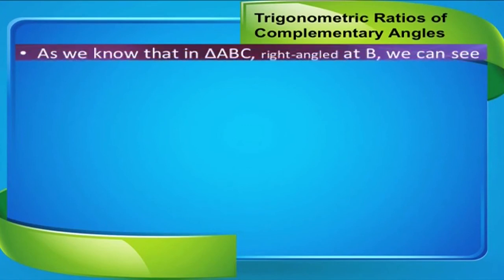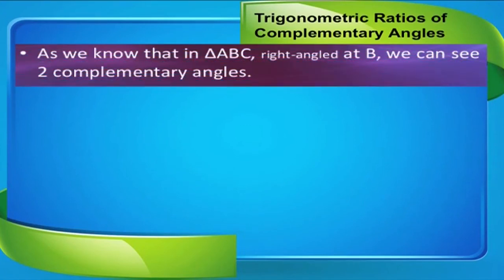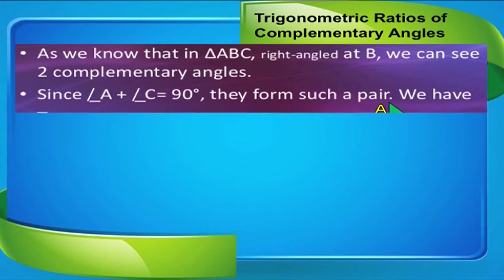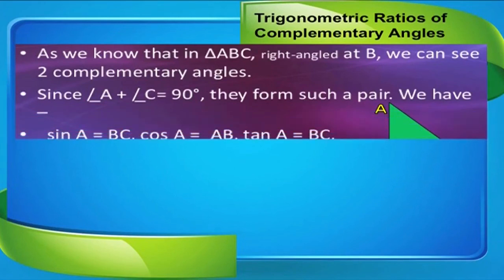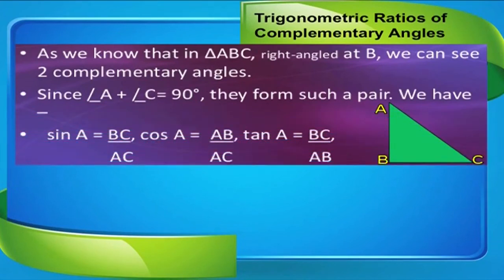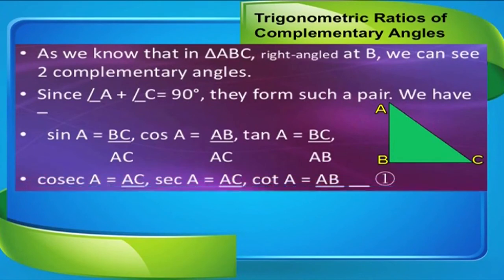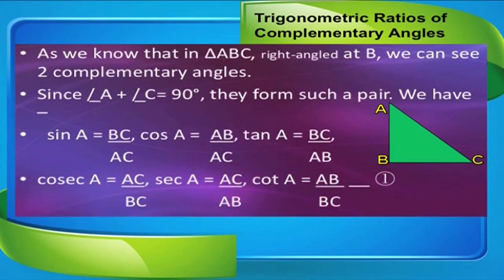Now that we have established the Pythagorean identities, we are going to learn about the trigonometric ratios of complementary angles. As we know, in triangle ABC, which is right angled at B, we can see two complementary angles. Since angle A plus angle C gives us 90 degree, they form such a pair.